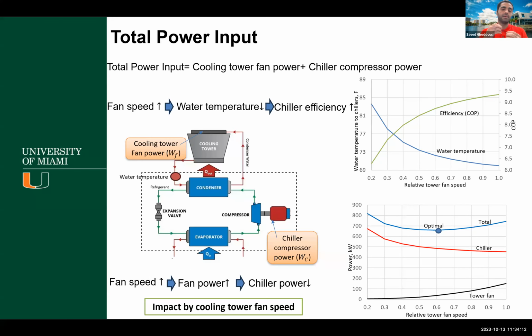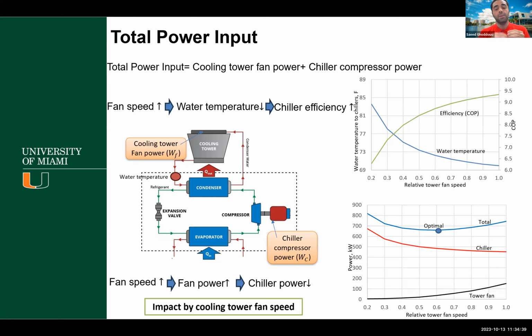We said that in a refrigeration cycle, in a chiller and a cooling tower, in a cycle of the cooling system, we need to have a work input. We have a work input on the chiller part, the compressor, and also the cooling tower fan. The cooling tower fan needs a work input to work, and with higher speed, we need more energy.